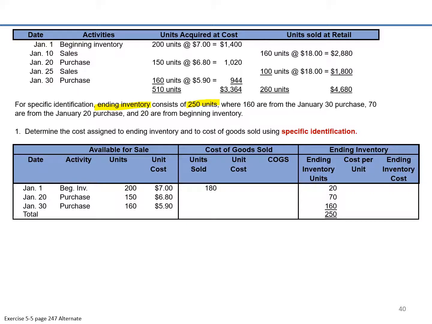So that must mean 200 less 20 is 180. 150 less 70 is 80. 160 less 160 is 0. So there's all of our counts.